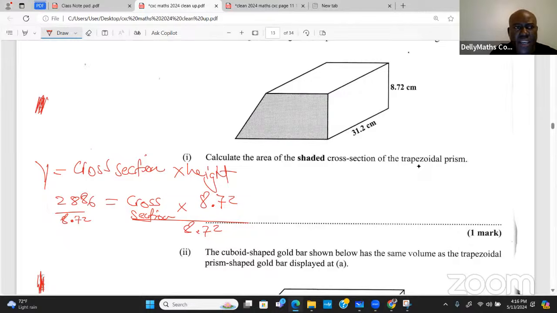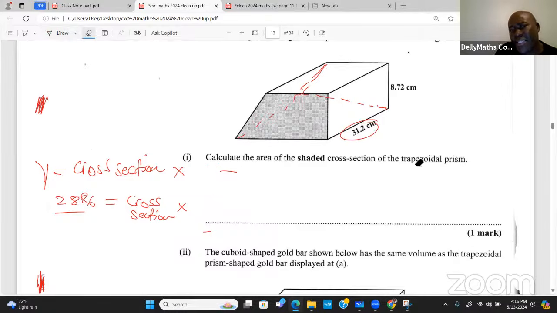Oh, and it's not even 8.72. My bad. It's the length. It is 31 point something. Because this is the shape. So let me just grab the shape for you. See the shape still here. All right, so this is basically the shape. So it's this we're dividing by. In this case, it is long.